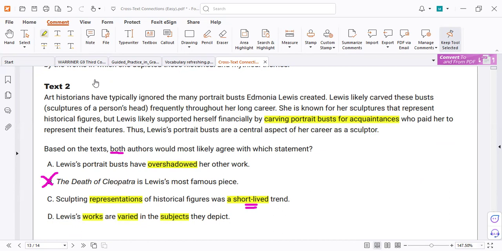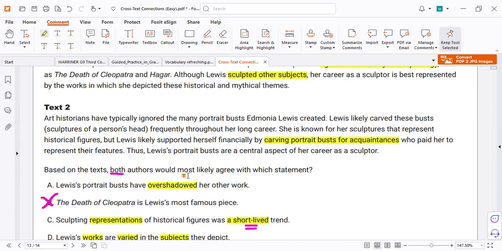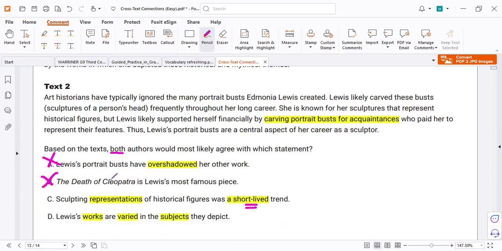Feel it? That means the portrait busts make the other works not important. He didn't mention that in 1 or 2. So A is deceive, and B is not mentioned in text 1 or 2. And letter C, the same idea, not mentioned. But here, both of them. That's why.